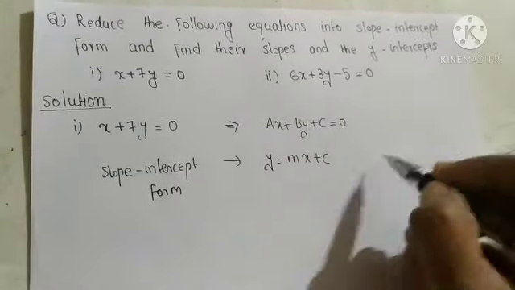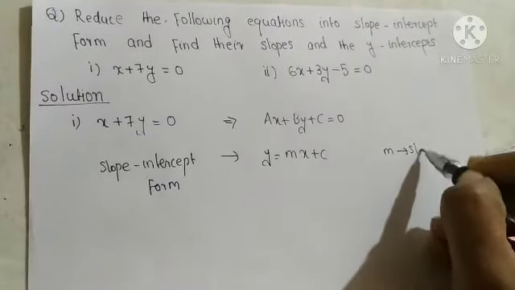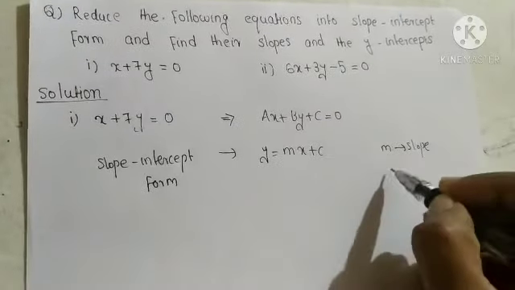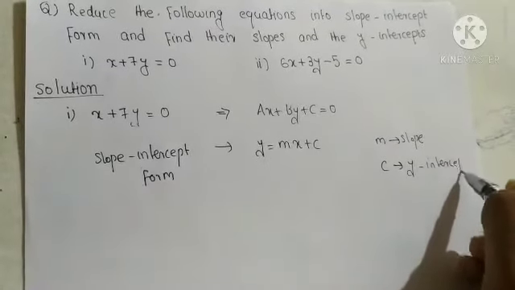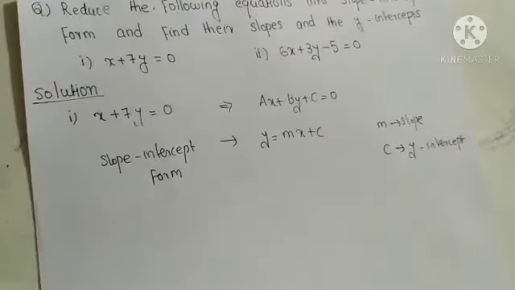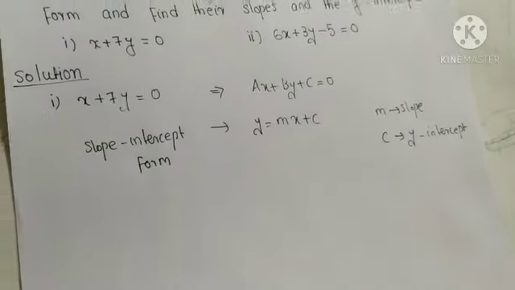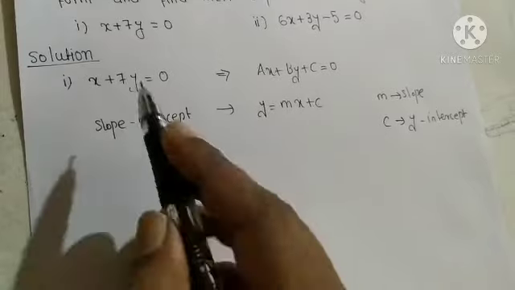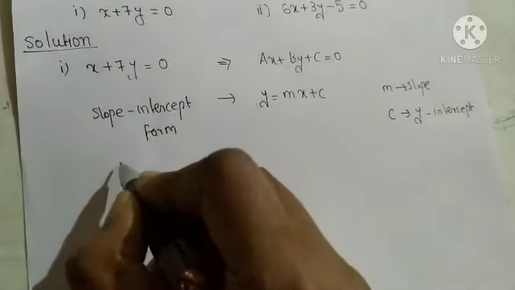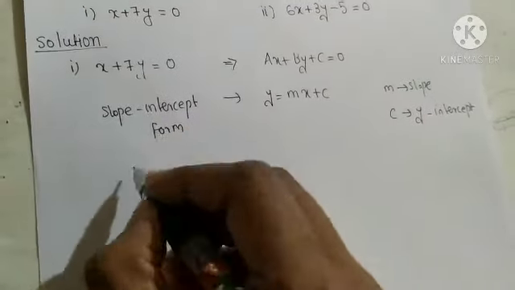And m is the slope, and here c is the y-intercept. Okay. So next I'm going to convert this general equation of a line into slope-intercept form. For that I'm going to take this x to RHS.